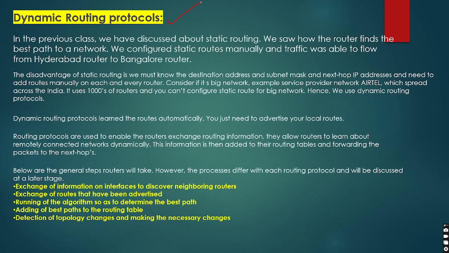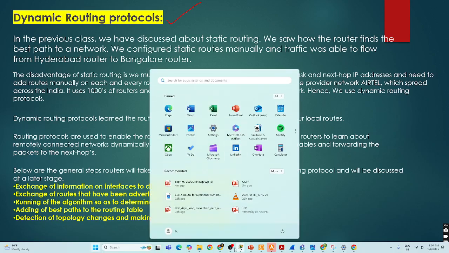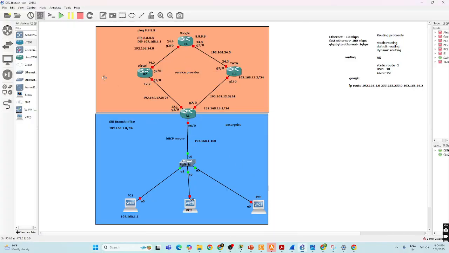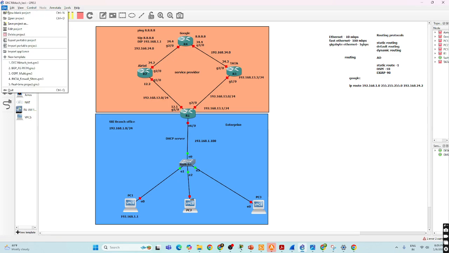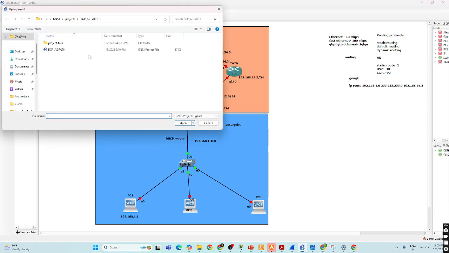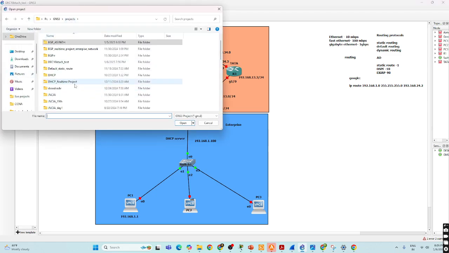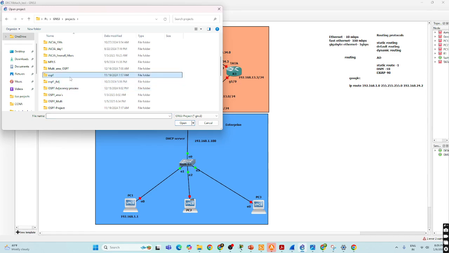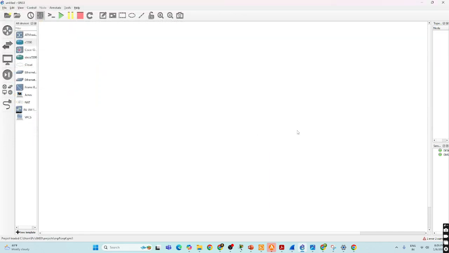So let me explain dynamic routing protocols behavior. Here, the static routing disadvantage is you need to add the routes manually in the routing table. Yes or no? Right? Yes, sir. So let me take an example. Open a project, OSPF. Okay, perfect, brothers.